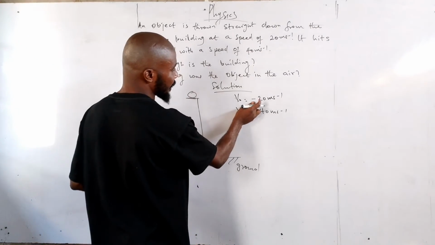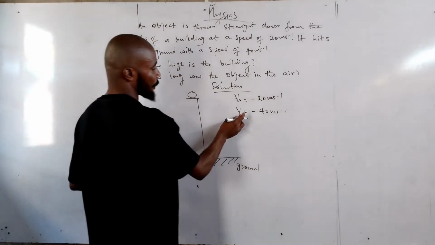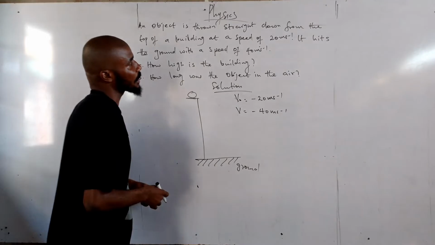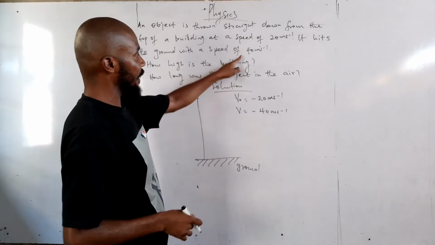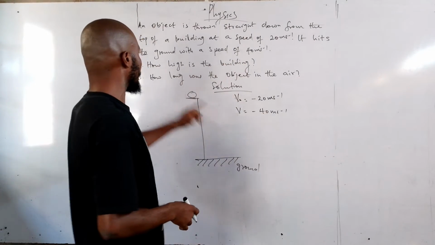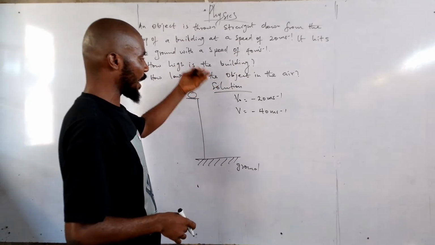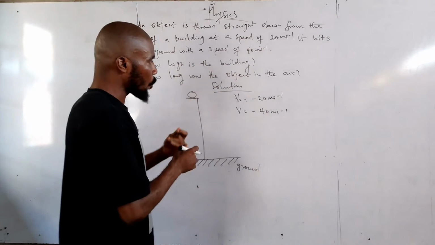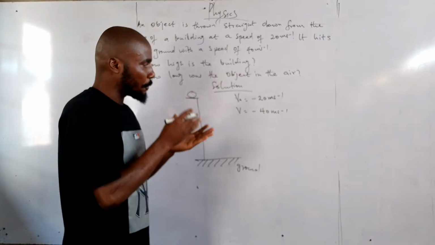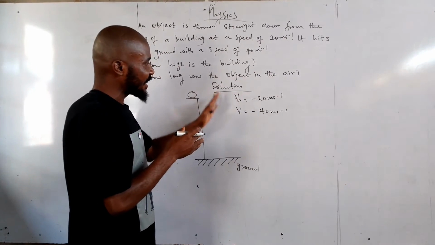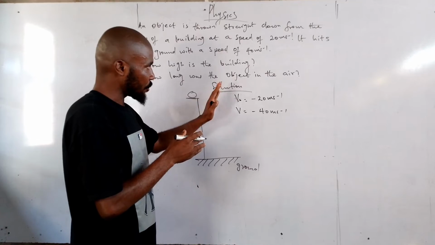So the initial speed here is minus 20 meters per second. The final speed is minus 40 meters per second. When it hits the ground, it has this final speed. So the question asks us now, how high is the building? So which equation are we going to use to analyze this motion?